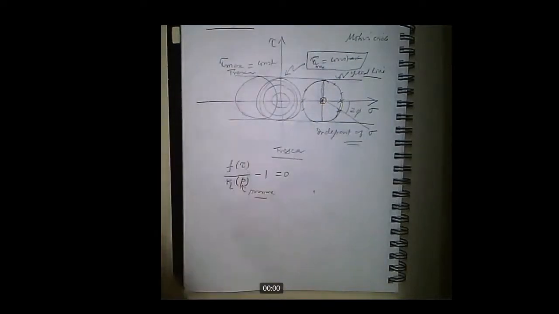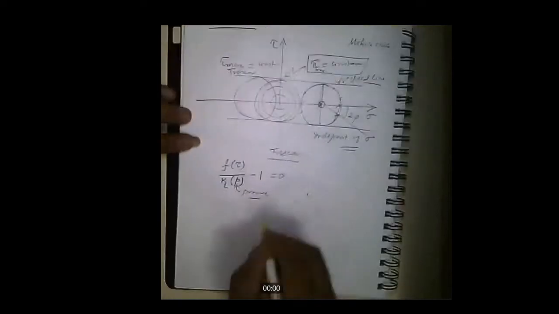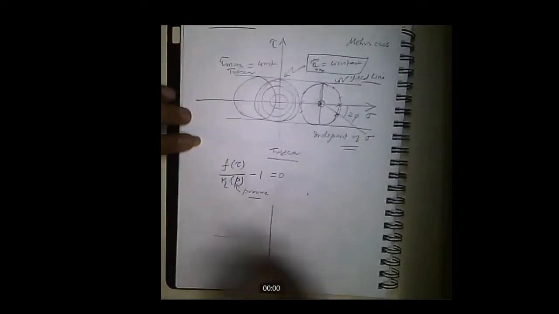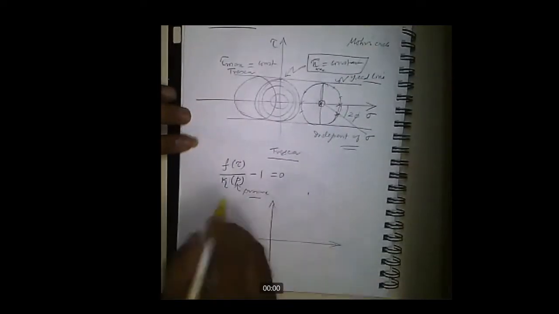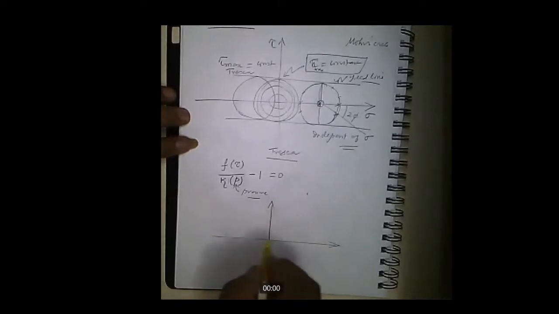So what I'm now saying is, this is not how it will be. It will be a little different, where supposing kappa is an increasing function in terms of pressure. Let us say something like this.